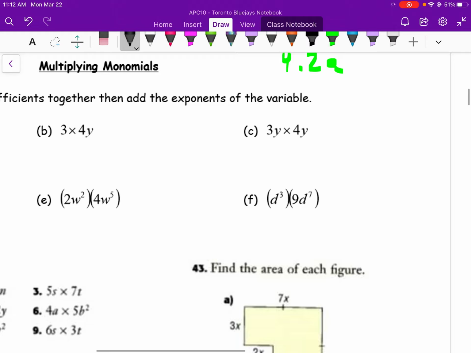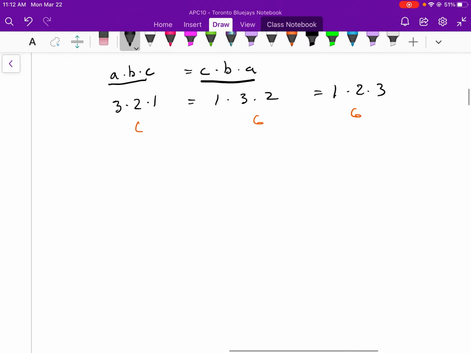Now, let me look. All right, I got it. X times X. Now, I'm just going to multiply X times X. Hopefully, you're able to write it as X squared. When we multiply variables, we simply add the exponents.